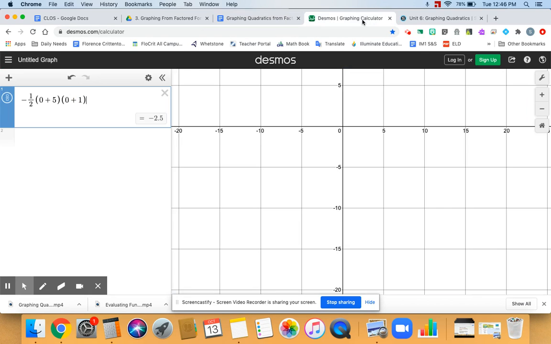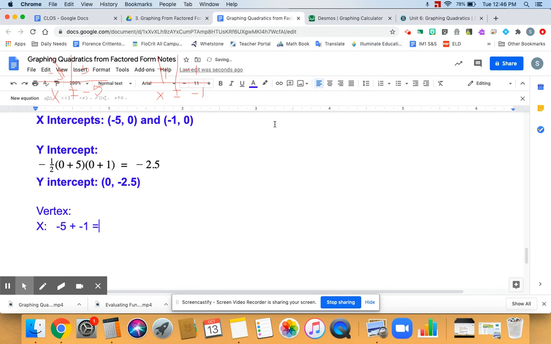So -5 plus -1, and I get -6. Then to find the middle, I divide by 2. And -6 divided by 2 is -3. So for my vertex, that's my x value. It's going to be -3.